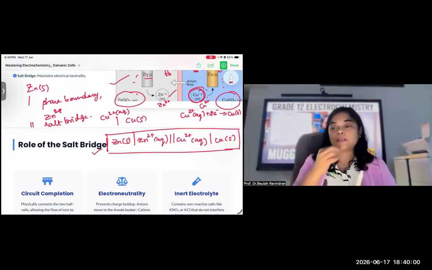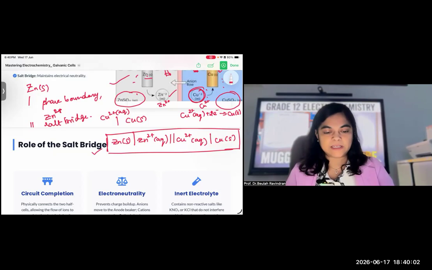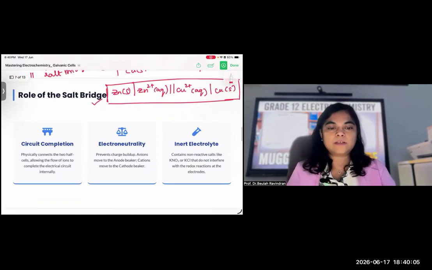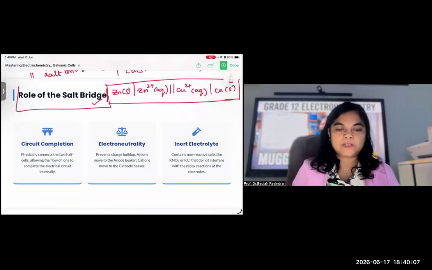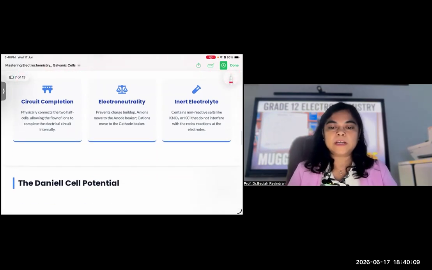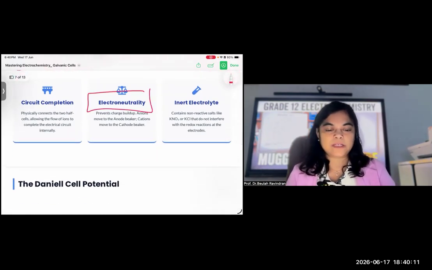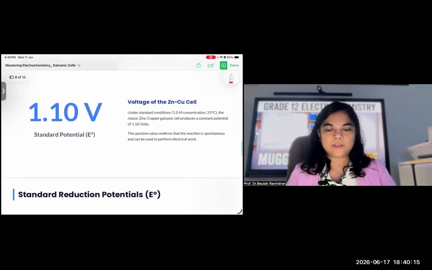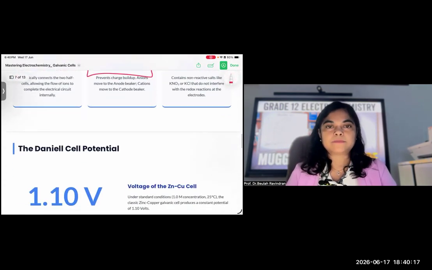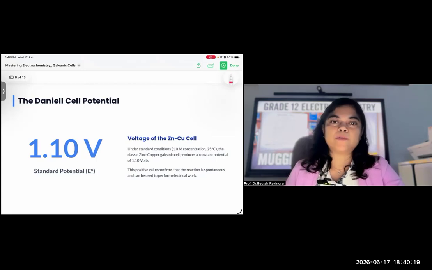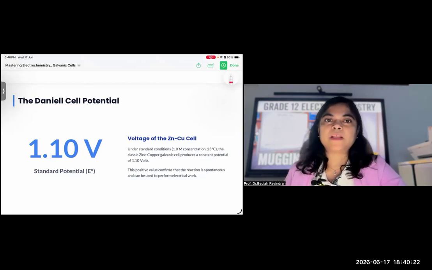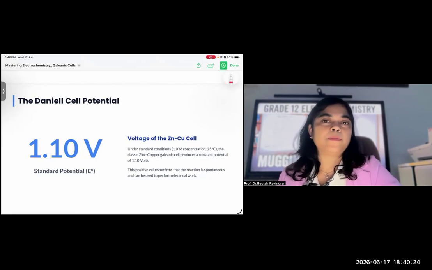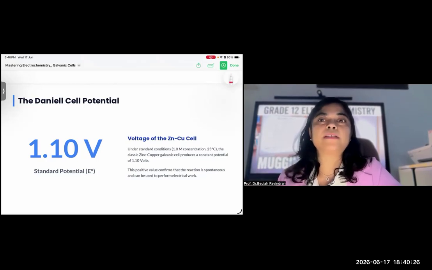Calculating standard cell potential is very important. I taught you the role of the salt bridge, and it maintains electroneutrality. Finally, how do we predict how much voltage the cell will produce under standard conditions?